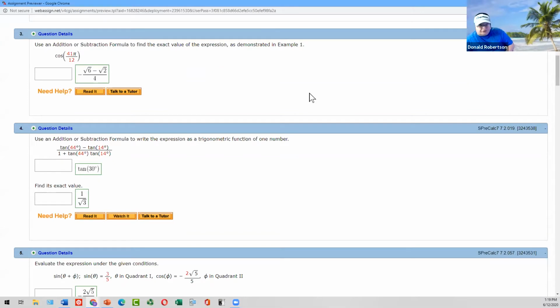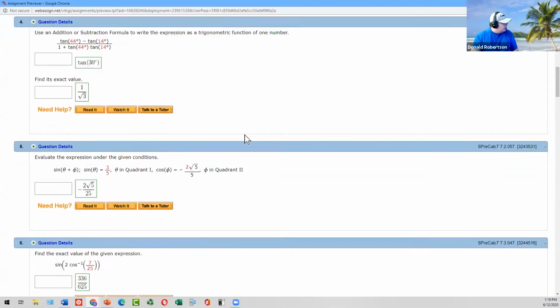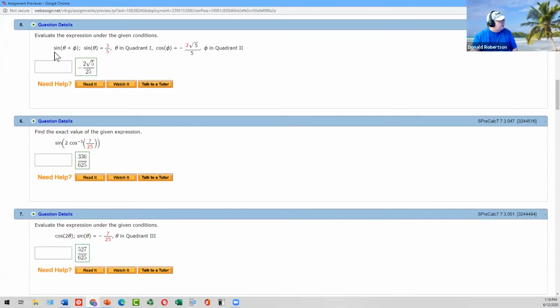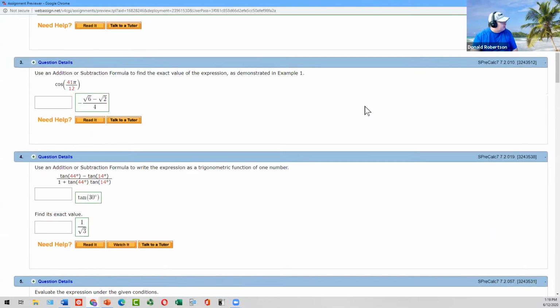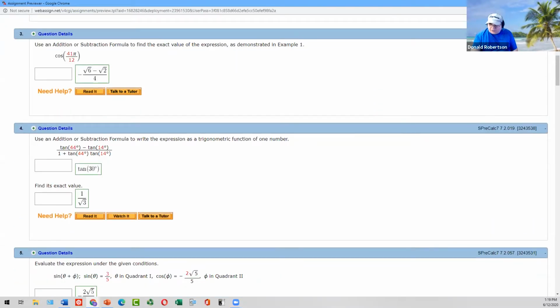We have the addition and subtraction questions, where you're being asked to find things like the sine of theta plus phi, where you're told some information about theta and about phi. So this is me looking at questions like 3, 4, and 5 now. I'm now going to see if we can attempt versions of those.